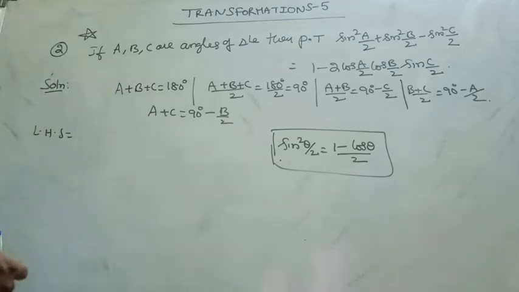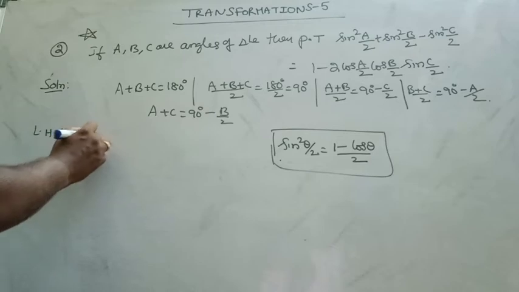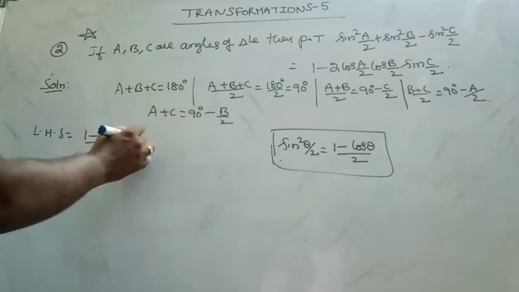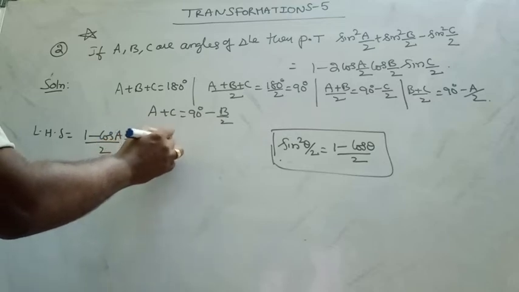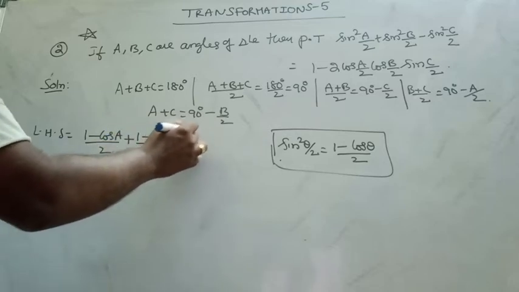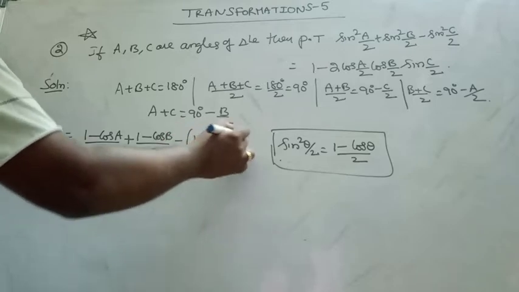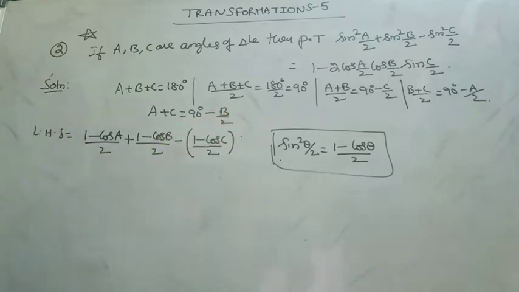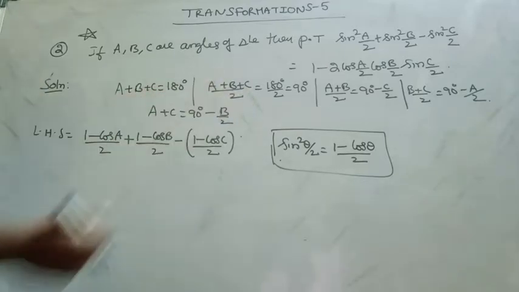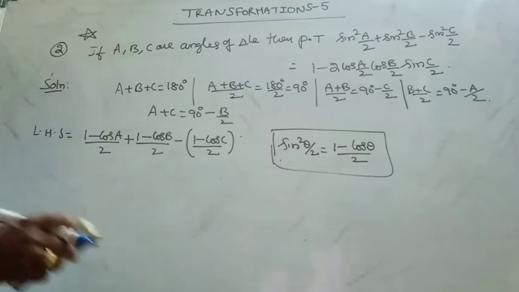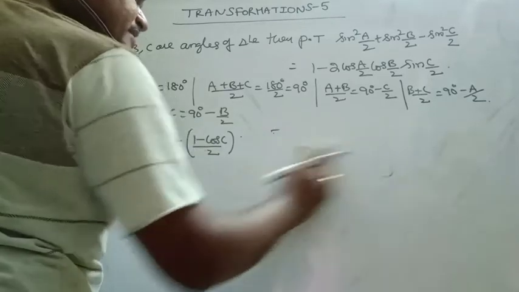If you use this, what you are going to get is (1 − cos A)/2 + (1 − cos B)/2 − (1 − cos C)/2, because we have used the formula sin² θ/2 = (1 − cos θ)/2.